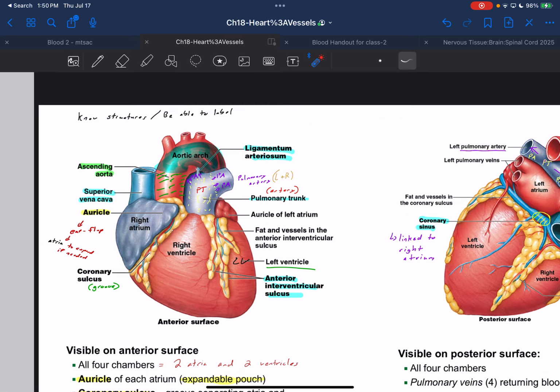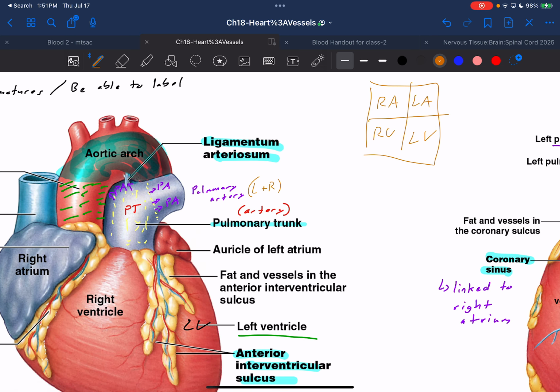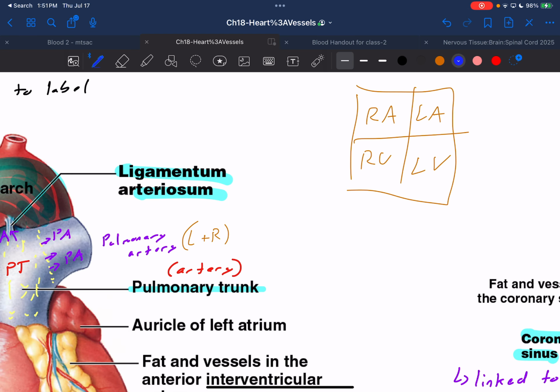It's just a box like this. Conceptually, you can make a box, I mean to say. RA, right ventricle, left atrium, left ventricle. And so 4 chambers inside the heart. They're pretty easy, right and left. And the superior vena cava will always be on the right side, and the inferior vena cava as well.